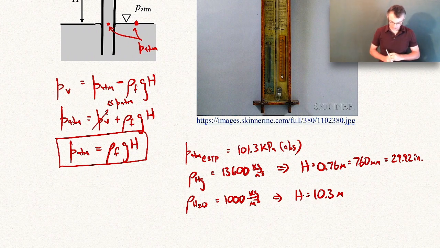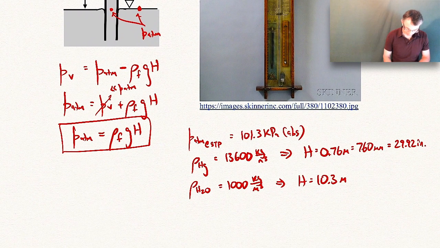A couple of other things related to this. First of all, you'll see that 1 atmosphere, 101.3 kilopascals, corresponds to 760 millimeters of mercury or 29.92 inches of mercury. So sometimes you'll see people report pressure in terms of millimeters of mercury or inches of mercury. It's just another unit that's often used for reporting pressure. So I'll just write this over here.